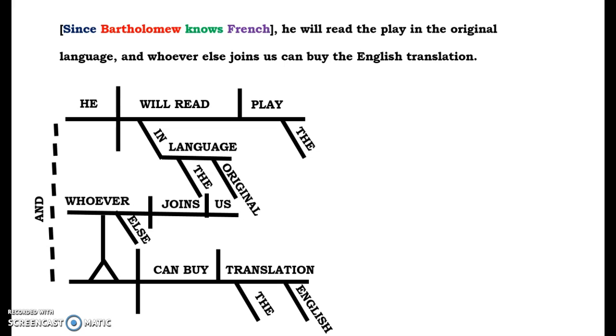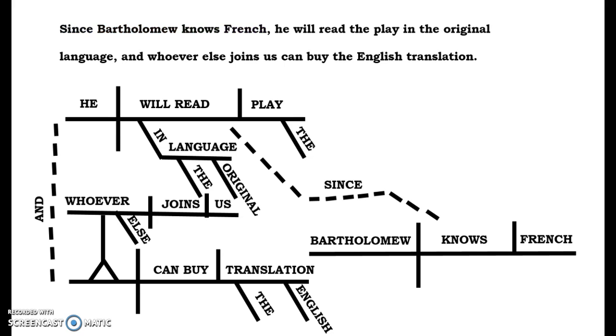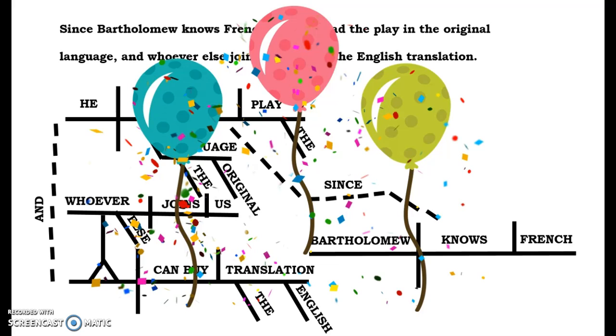The rest of the clause is really quite simple. Knows is the verb, Bartholomew is the subject, and French is the direct object. So it looks like that. It's really that simple when you break down every part. Now it's just a matter of breaking down the parts correctly. But when you can do this kind of thing, you can celebrate because you have arrived.